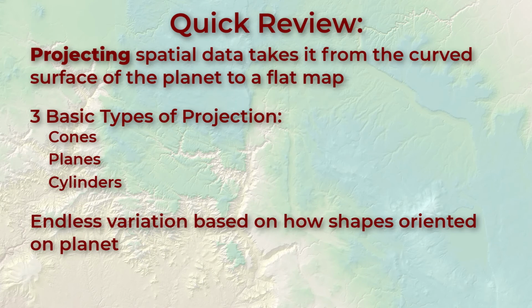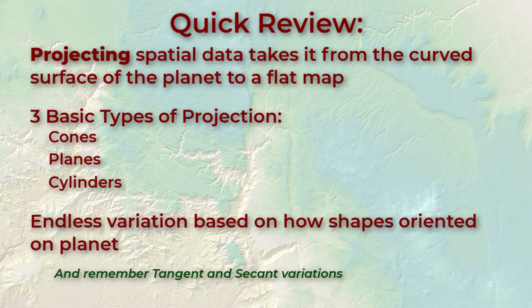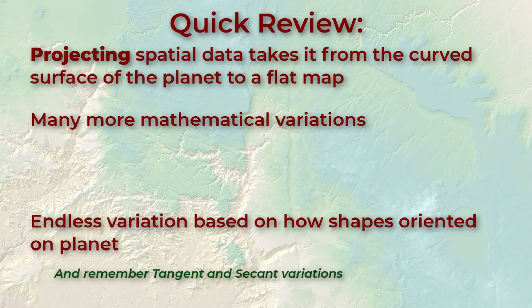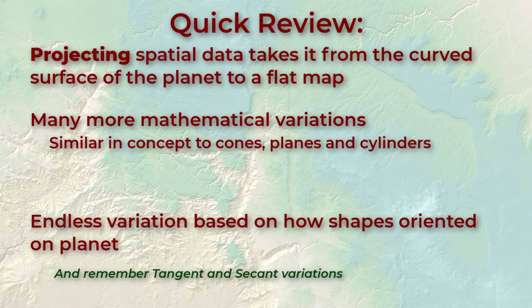You can angle them in different ways, and there are both tangent and secant versions, where they either only touch the surface of the planet or they intersect the planet, so that there are multiple intersection regions. Then there are lots more complex mathematical transformations that are similar conceptually to the cones, planes, and cylinders, but they don't translate perfectly to those concepts.